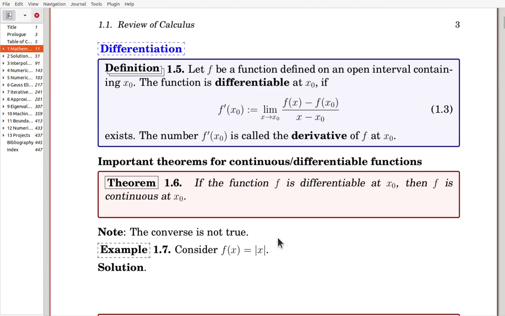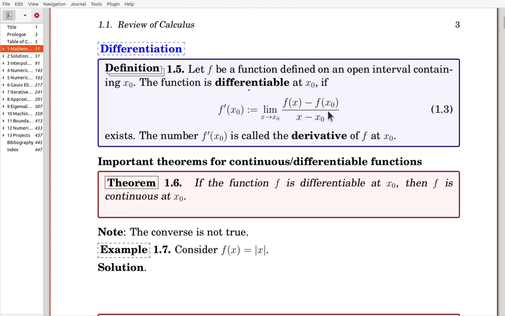Differentiation. Now f is a function defined on an open interval containing x0, and the function is differentiable at x0 if this limit exists.